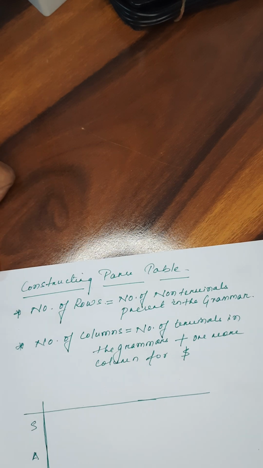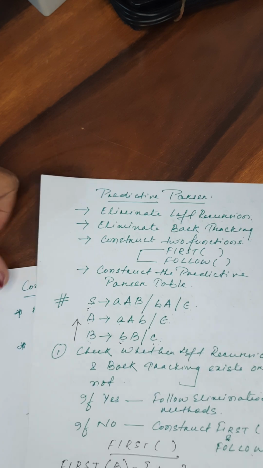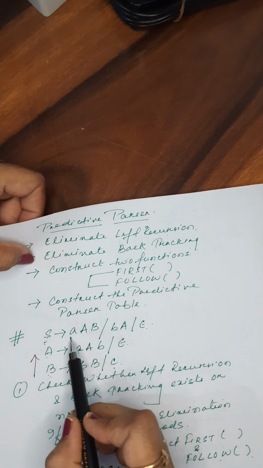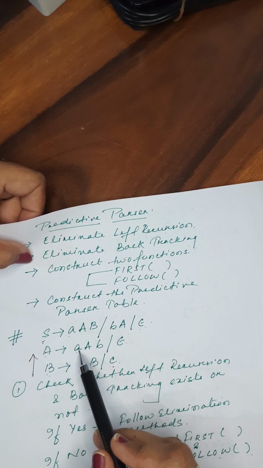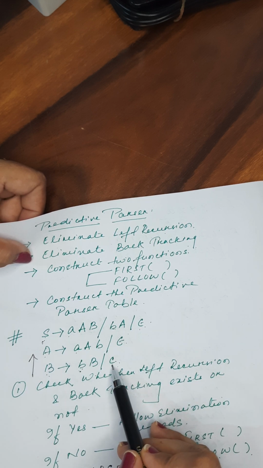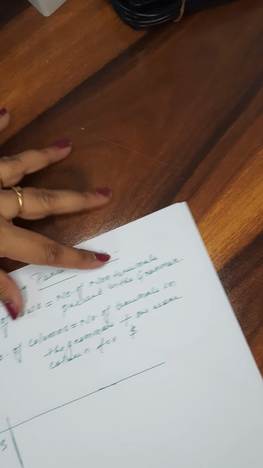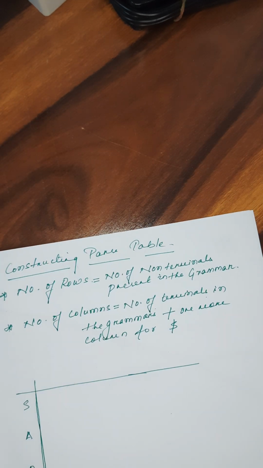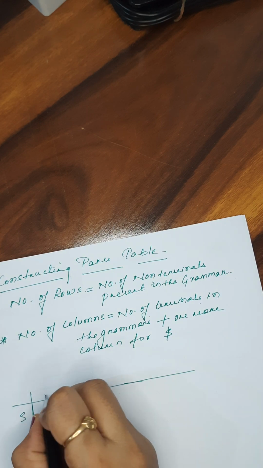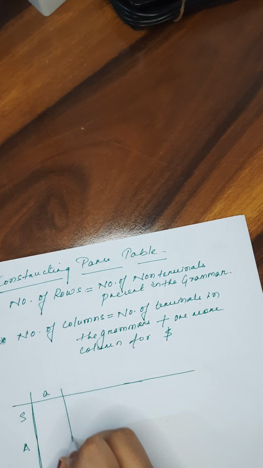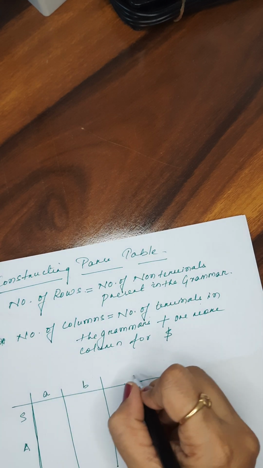Now, what is the number of columns? Number of terminals in the grammar. What are the terminals? Small a, small b, and epsilon, which I told you will not be included. Now a and b are repeated, extra is c. That means the terminals present are a, b and c, plus one for dollar. So first you will do a, you can draw the line, no problem, then b, then c.